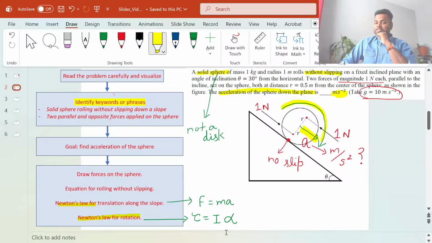And remember, to get the moment of inertia right, you have to remember it is a solid sphere. If by mistake you assume it is a cylinder, you will write the wrong moment of inertia, you will get the wrong answer and you will lose your points. And remember, there is no slipping.